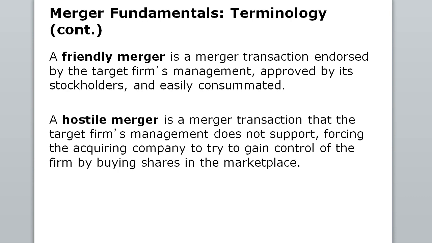In a hostile merger, the management of the target firm does not support the acquisition, and the acquiring company is going to force itself on to gain control of the firm by buying shares in the marketplace. So if the hostile company can get enough shares to control enough votes, then they can force the merger to occur.